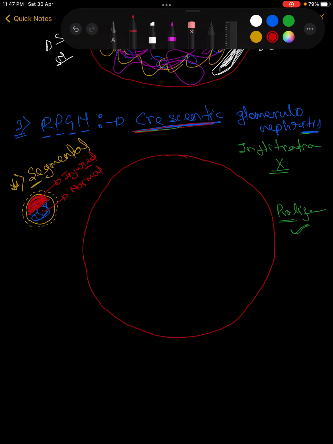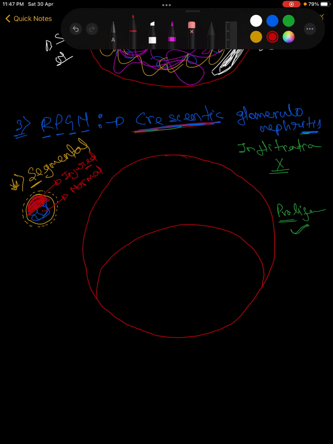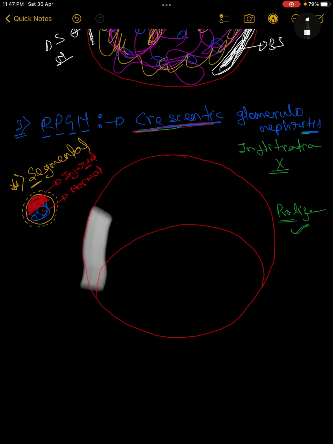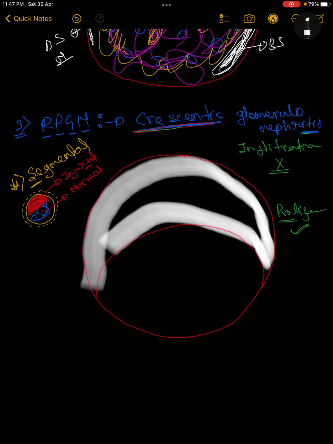Now we will draw first our crescent. So this is our crescent, and I hope you can find this crescent. This is our crescent, okay, a half moon like structure.